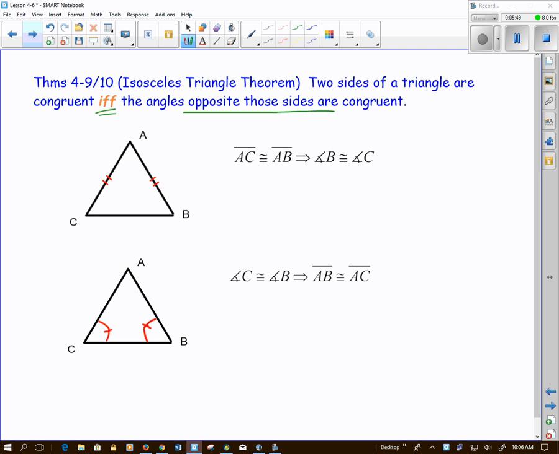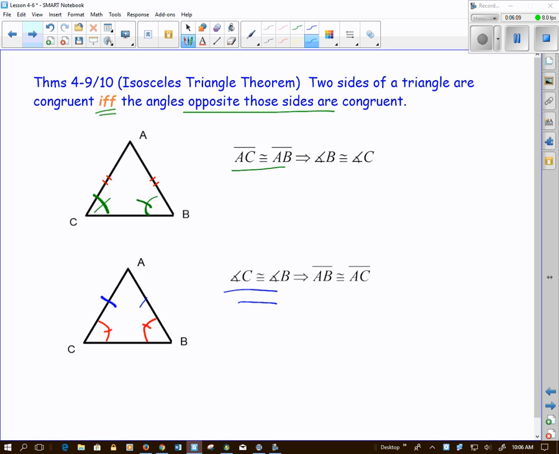So in symbols, for the first diagram here, I have congruent segments, and that implies that the base angles are congruent. And in the second diagram, I have congruent angles to begin with, and that implies that the opposite sides are congruent.